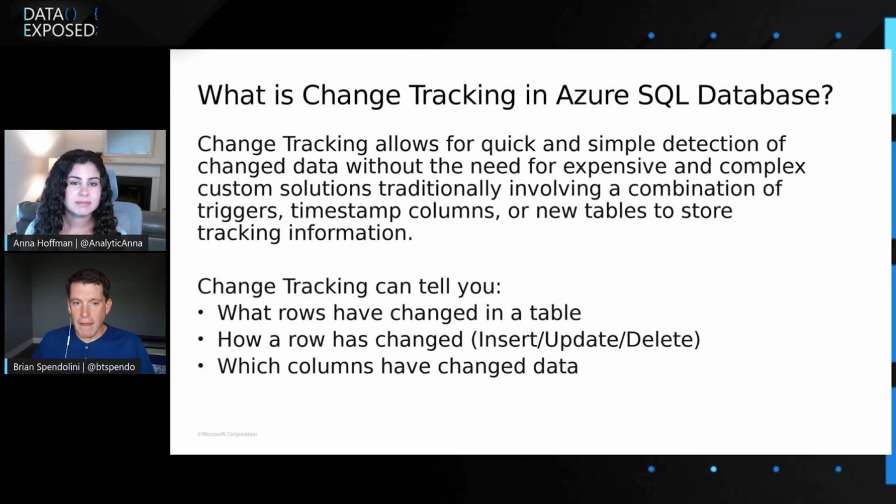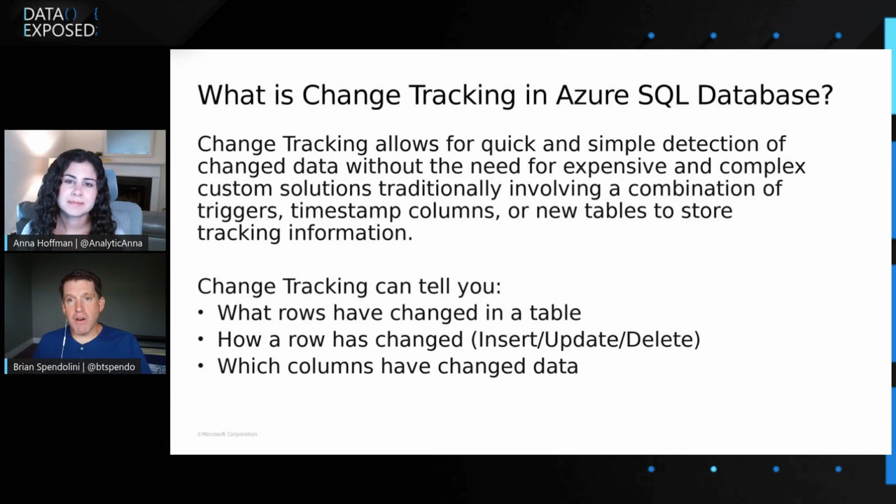Now, this is great because it's a little different than another feature we have, which is called change data capture. With change data capture, we're also storing the actual data itself and what has changed in the previous row.